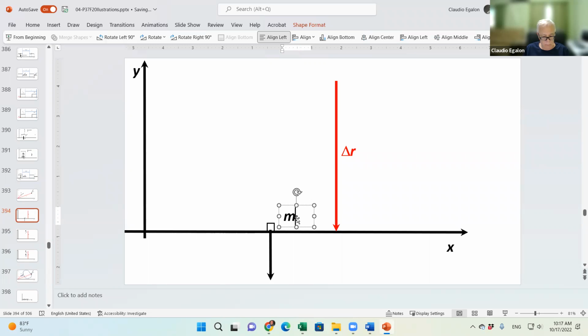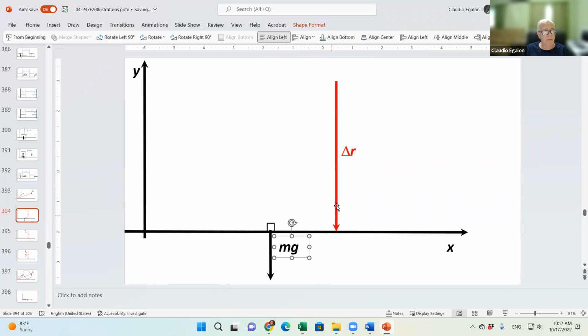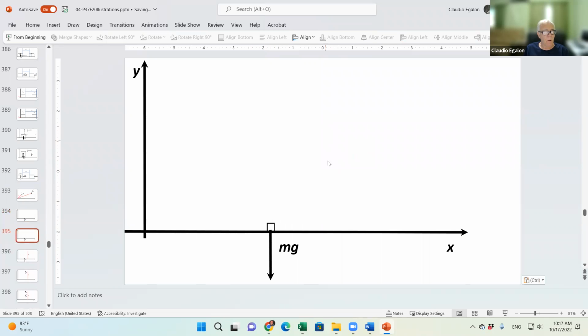This mass is subjected to this gravitational force that points down towards the center of the Earth. Okay? The situation is like that: here's my mass, my cell phone resting over a surface.